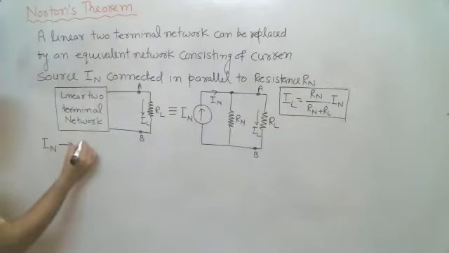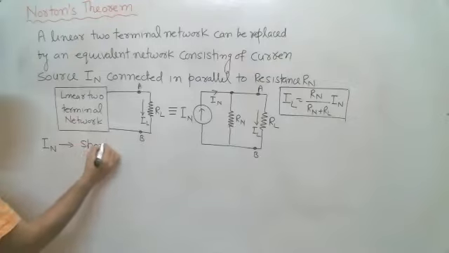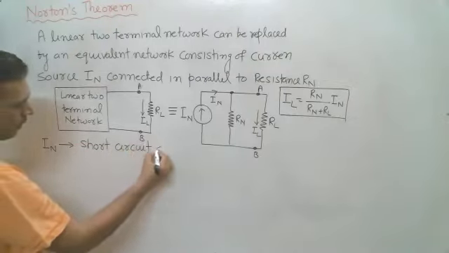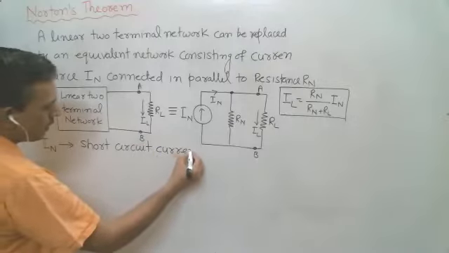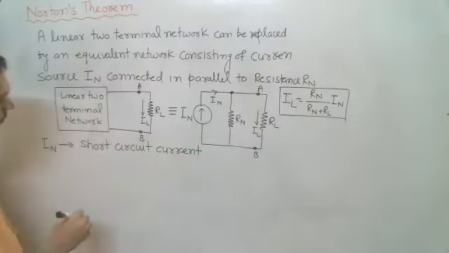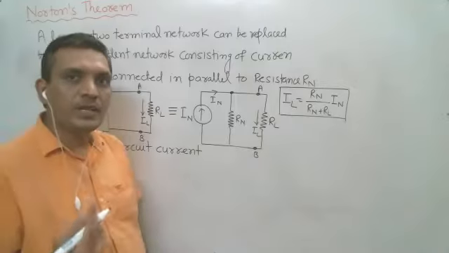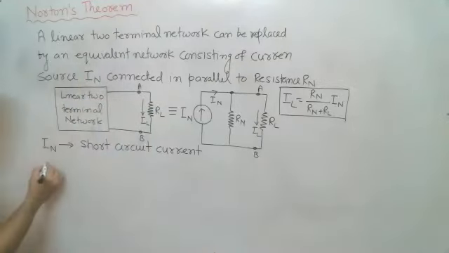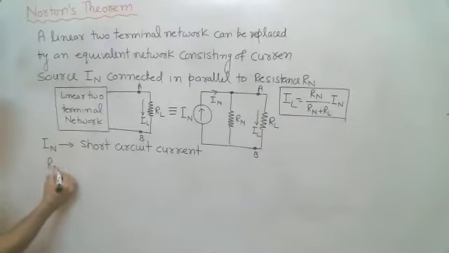IN is short circuit current. VTH is open circuit voltage. And RN is exactly similar to RTH.